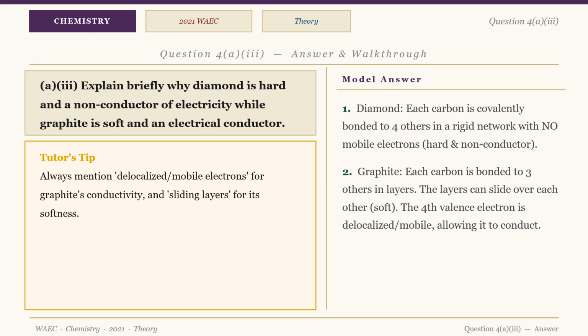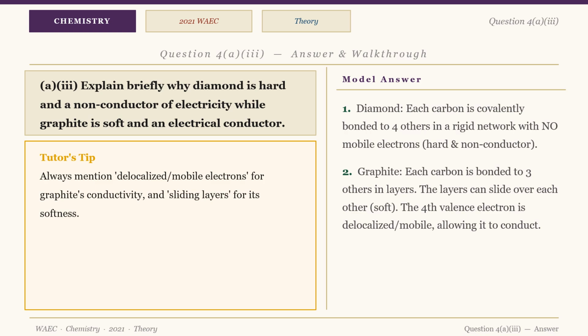So for diamond, each carbon is covalently bonded to four others in a rigid network with no mobile electrons. So there are no free mobile electrons in between. So therefore it becomes a hard and non-conductor type of carbon.